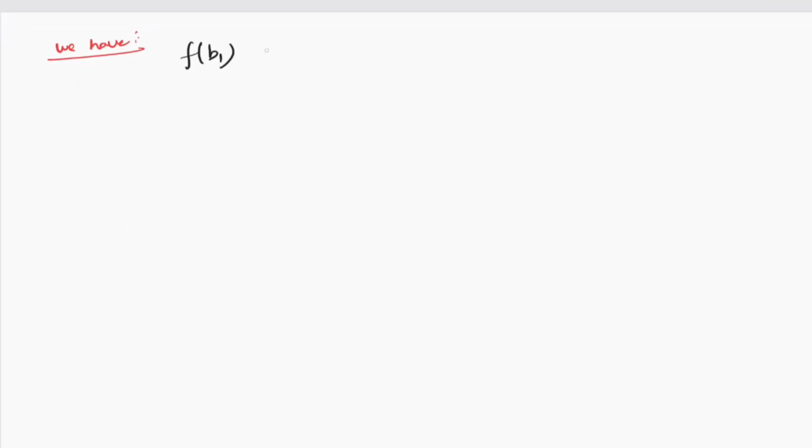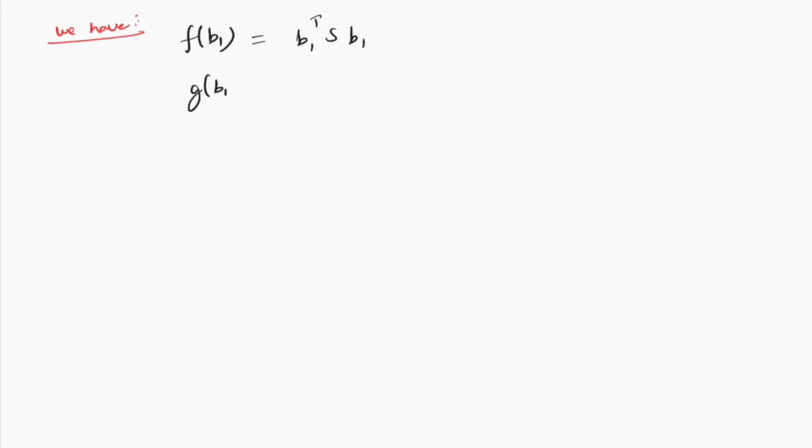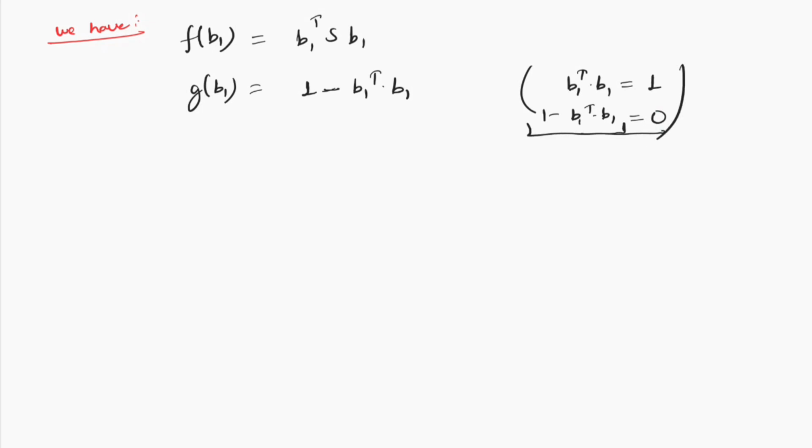So now we have f of B1 equal to B1 transpose S B1, and g of B1 is nothing but 1 minus B1 transpose B1. Remember what we had, B1 T dot B1 is equal to 1, and when we take everything to one side, we get 1 minus B1 T B1 is equal to 0. So this function becomes our g(x).